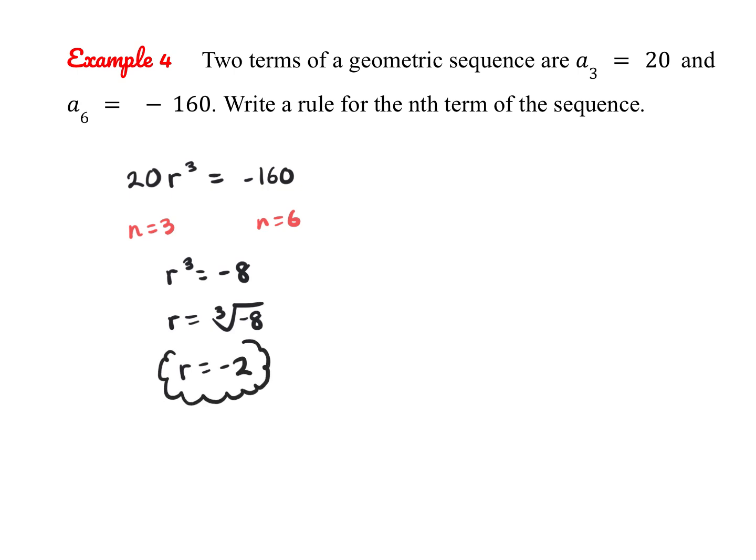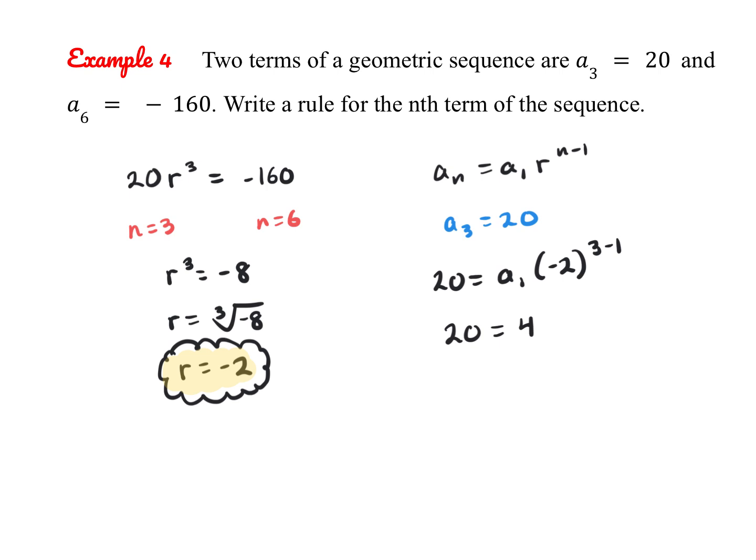Now, once you have the r value, you still have to find a sub 1, but it's a little bit easier because you're only solving for one thing. So I would temporarily substitute either of my points into this equation. I'll use that first term. So we know 20 equals a sub 1 times r, which we know is negative 2, to the power of 3 minus 1.